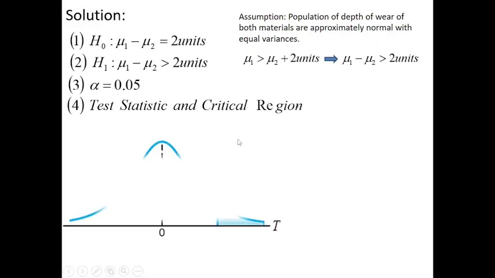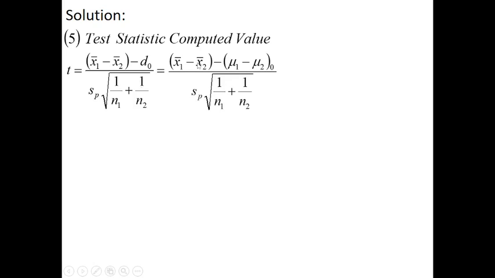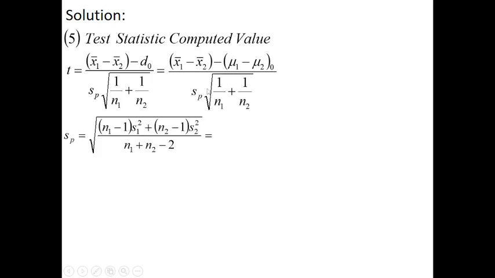After that, we are going to compute the test statistic value using this formula: x sub 1 bar minus x sub 2 bar minus d sub 0 over s sub p times the square root of 1 over n1 plus 1 over n2. We determine s sub p by taking the square root of n sub 1 minus 1 times s sub 1 squared plus n sub 2 minus 1 times s sub 2 squared, over n1 plus n2 minus 2.